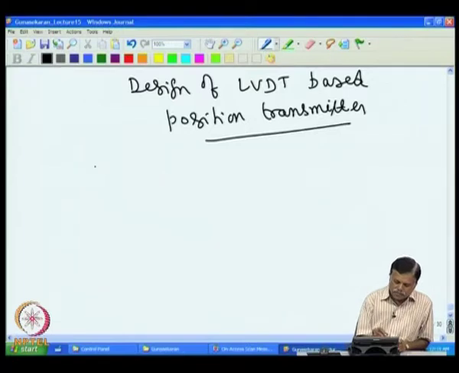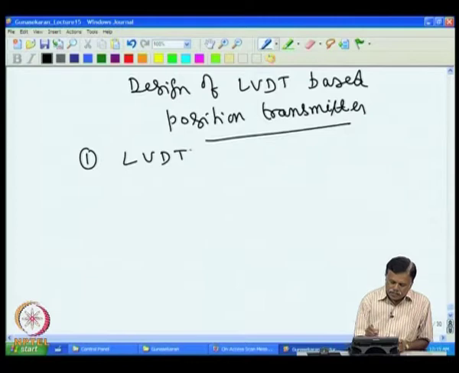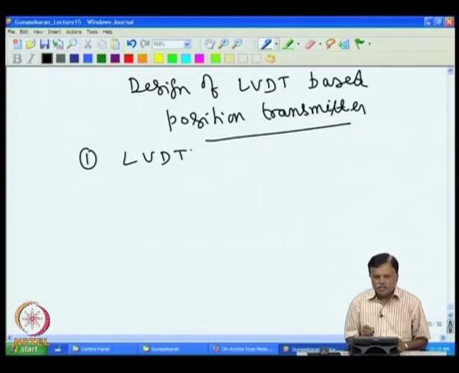First we explain what is LVDT. If we take LVDT, this is actually a linear variable differential transformer.